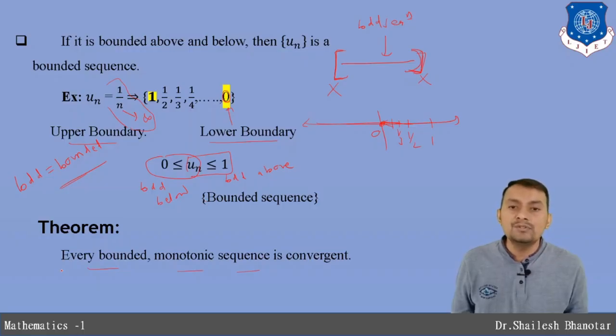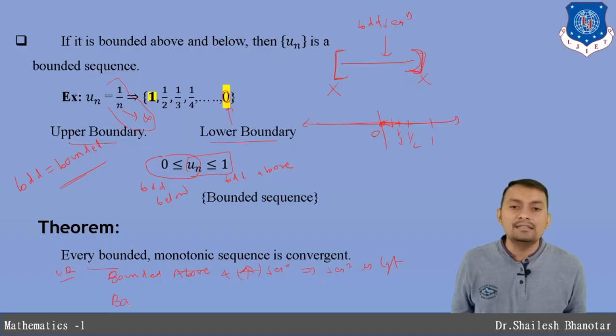In other words, whenever we have a sequence that is bounded above and increasing, we can say the sequence is convergent. If one of them fails, then we cannot say the sequence is convergent.